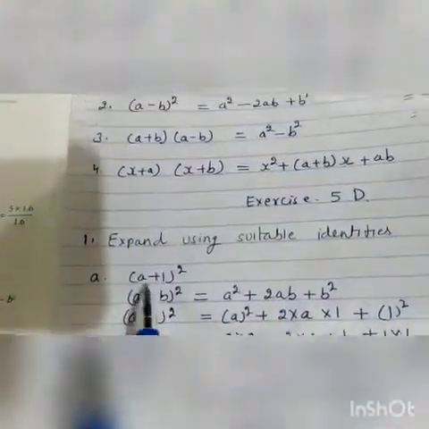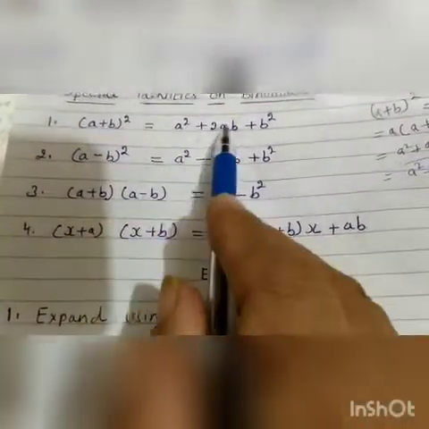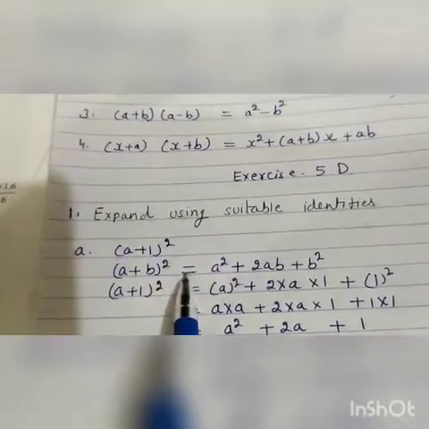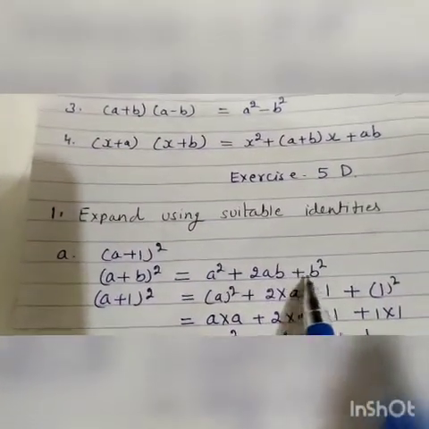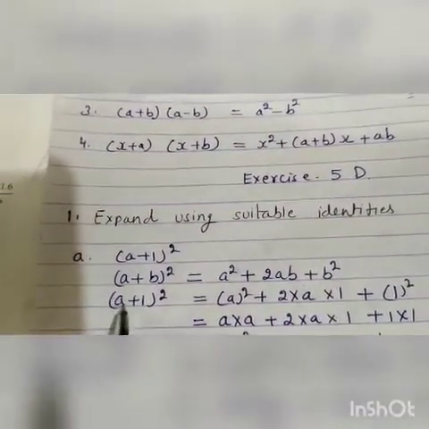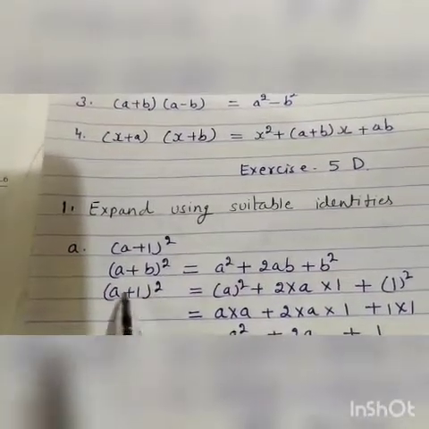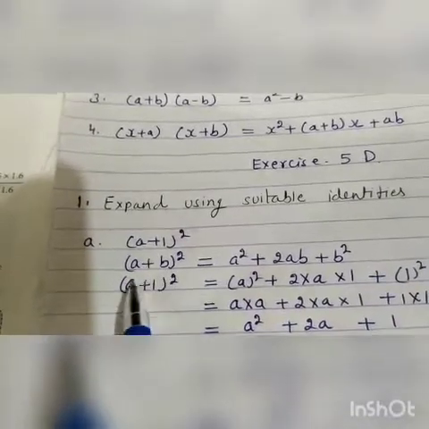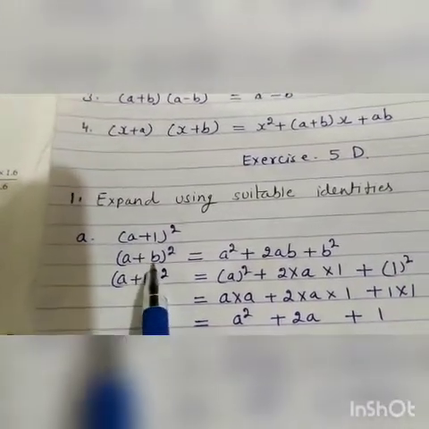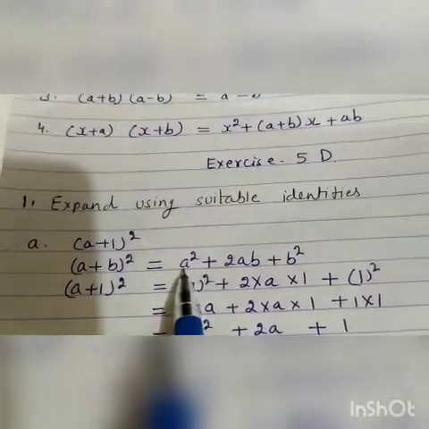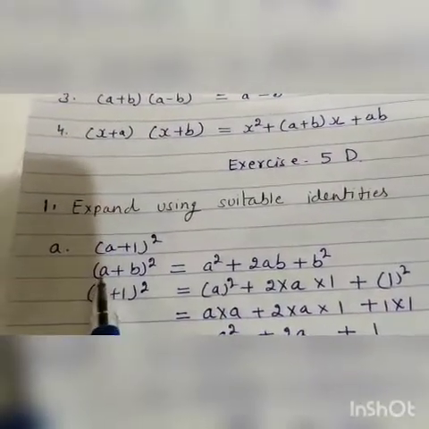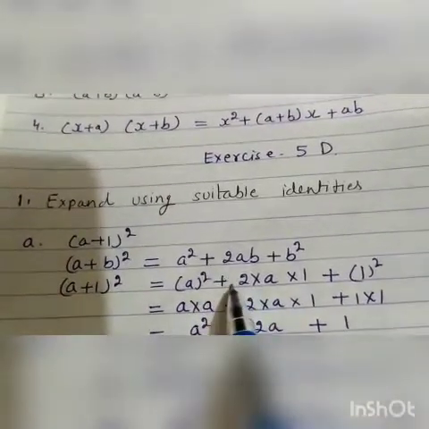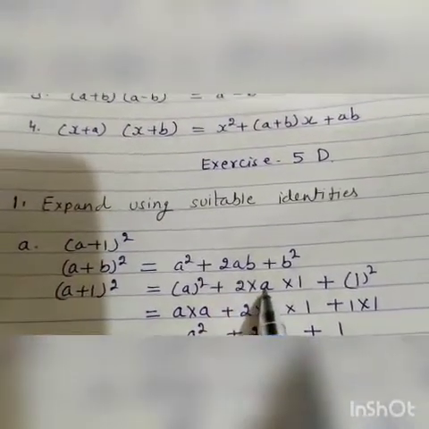So we will use first identity. What is first identity? It is (a plus b) whole square is equal to a square plus 2ab plus b square. Our question is (a plus 1) whole square. So if we compare this (a plus 1) with (a plus b), then value of a is a and value of b is 1. In place of a it is a, so first term is a whole square plus 2 multiply a multiply b.